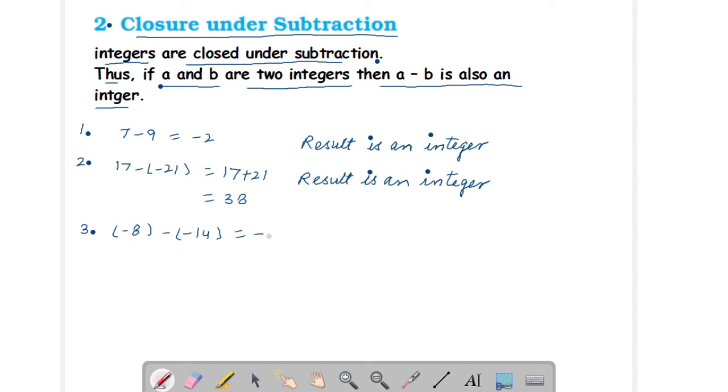It will be minus 8, and if you open this bracket, minus minus will be plus 14, and minus 8 plus 14, you will get 6, which is an integer. Therefore, we can say that result is an integer.